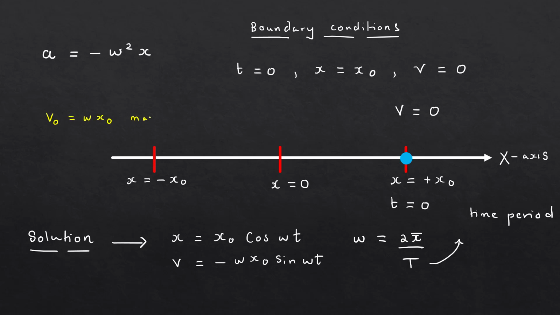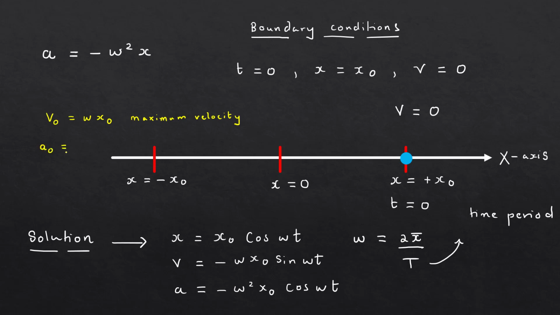This is the maximum velocity. Or in fact, you can say it is the value of the maximum velocity. So the acceleration, you can differentiate the velocity, you will get the acceleration, and the maximum value of the acceleration is omega squared x naught.